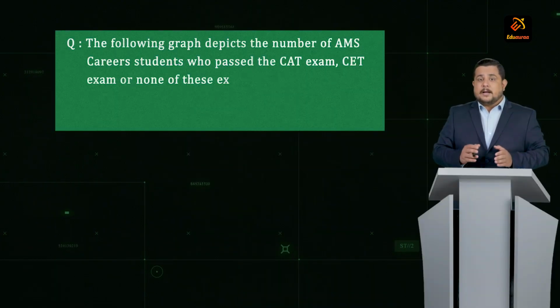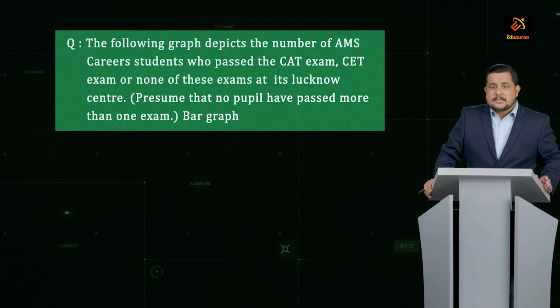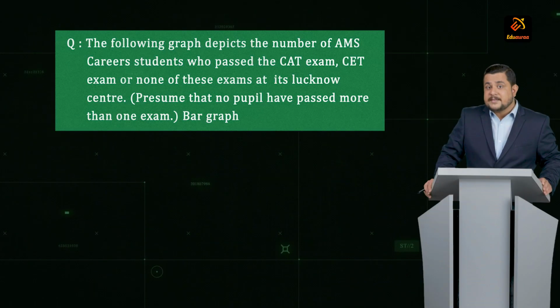The following bar graph depicts the number of AMS Careers students who pass the CAT exam, SET exam, CET exam, or none of these exams at its Lucknow center. Presume that no pupils have passed more than one exam.